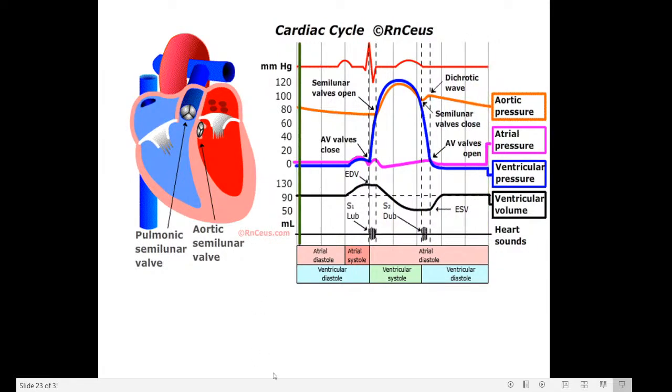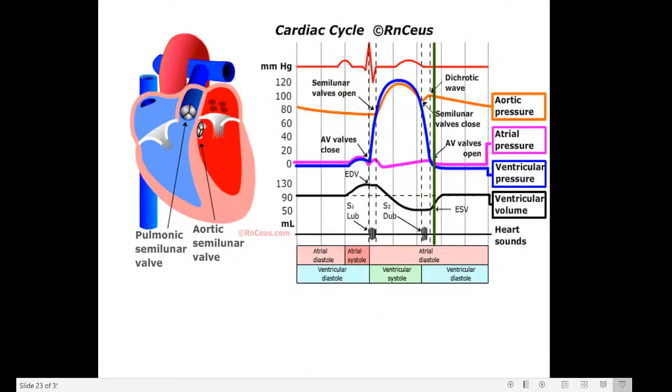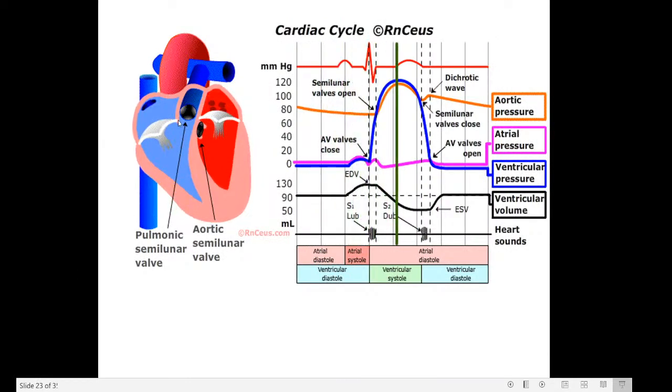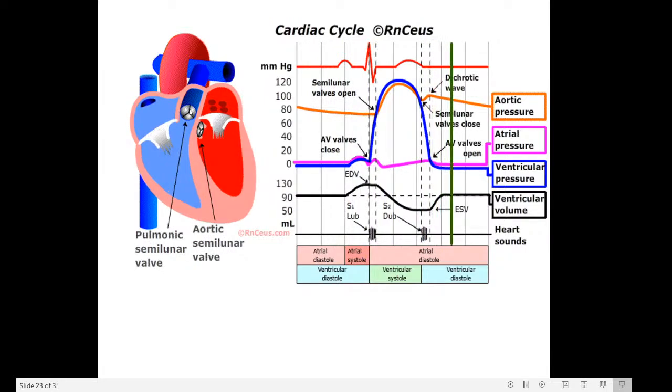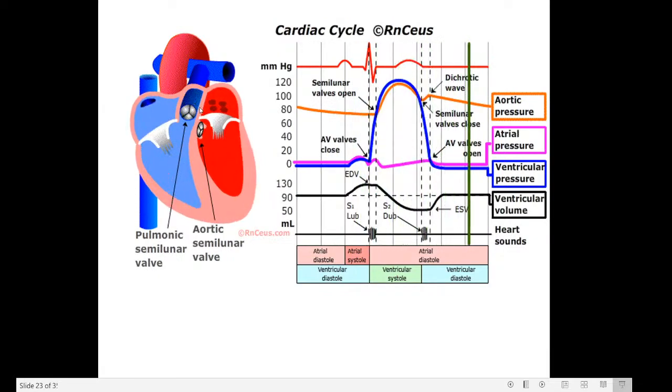Please watch this. Here the valve is opening, so the other valve is closed. Here you can see again the signal pass, it's opening, and releasing the oxygen.